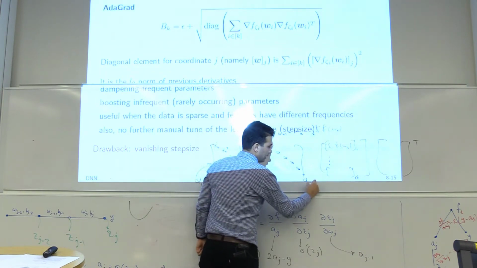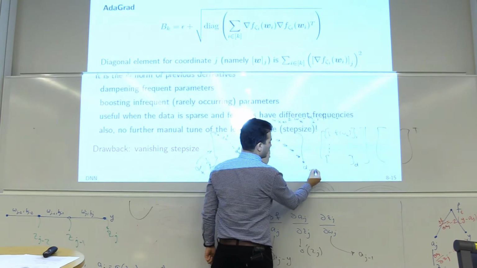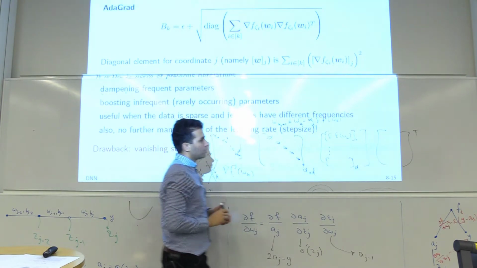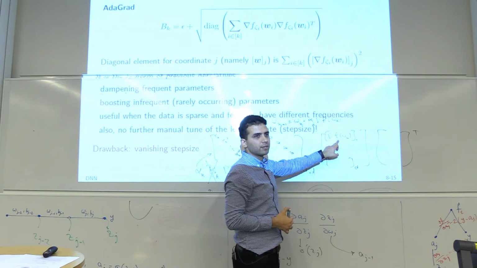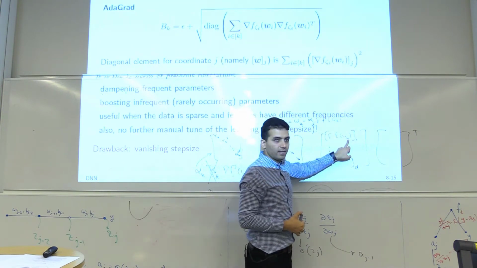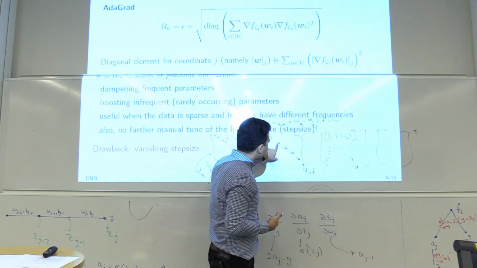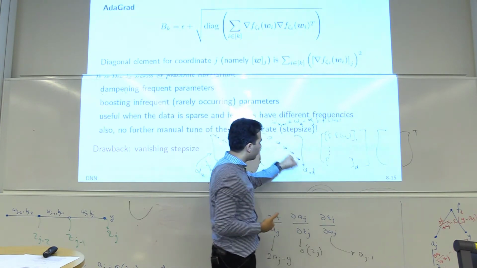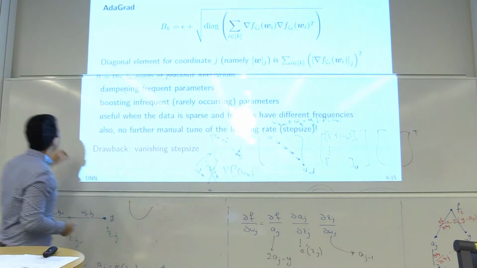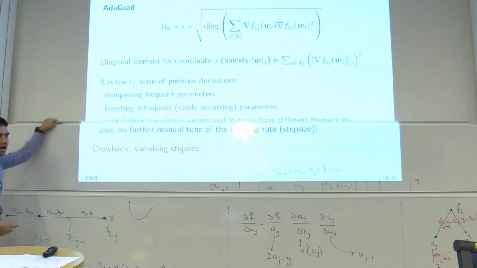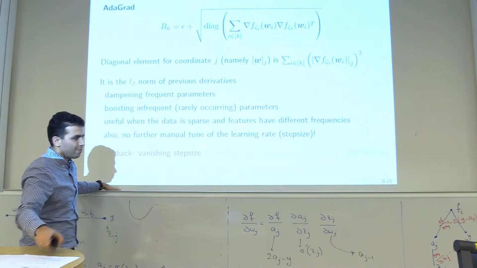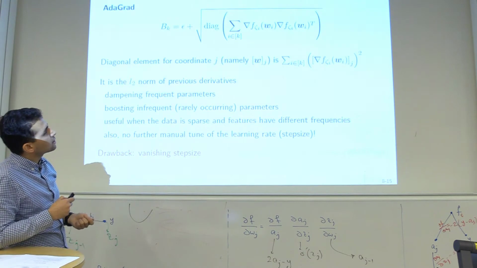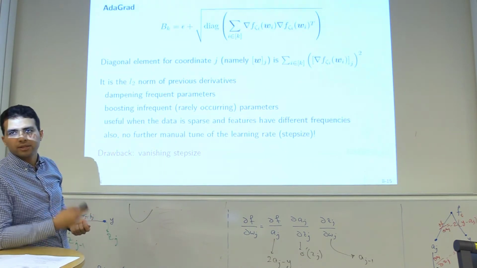This is a D by D matrix. The first diagonal element is the norm 2 of the gradient at iteration k with respect to coordinate 1, then the L2 norm of the gradient with respect to coordinate 2, all the way to coordinate d. So this is how big the magnitude of the gradient is at that coordinate at that iteration. And you're going to just sum all those over all those iterations.